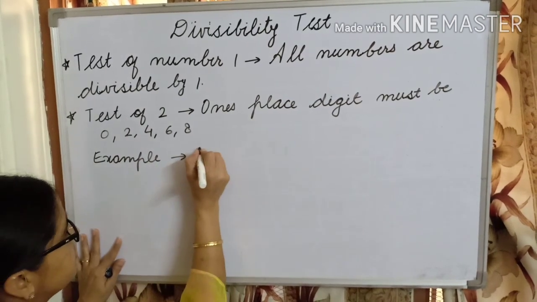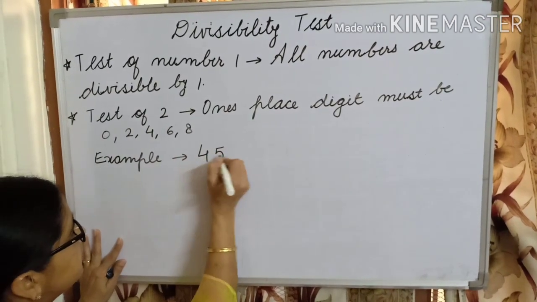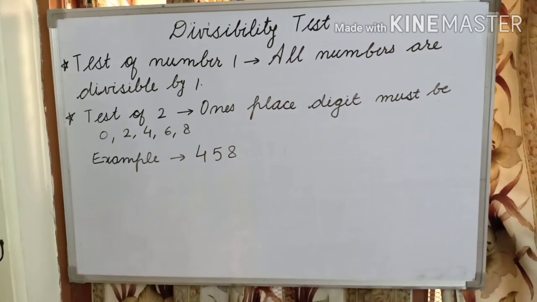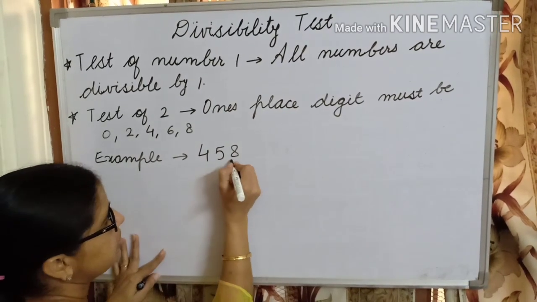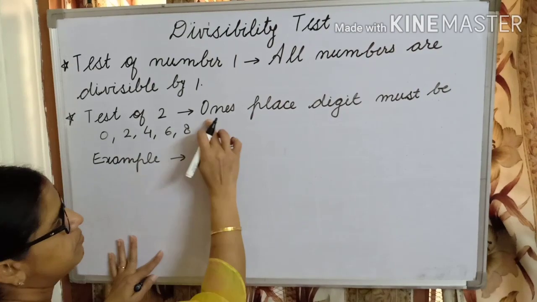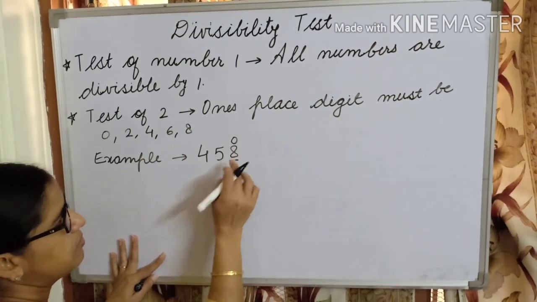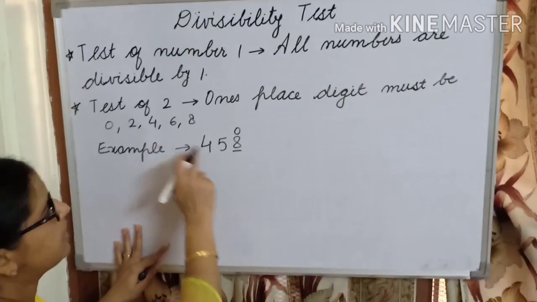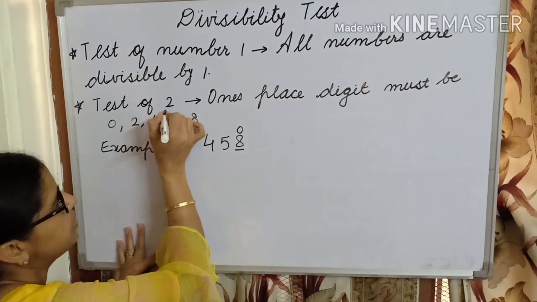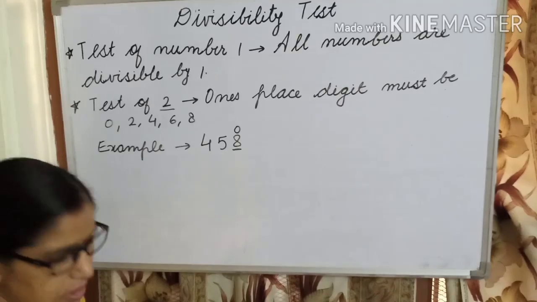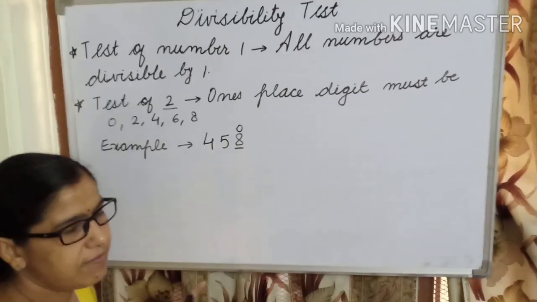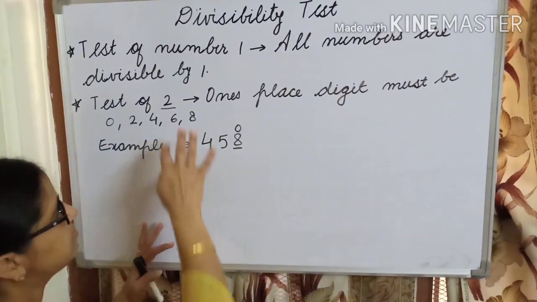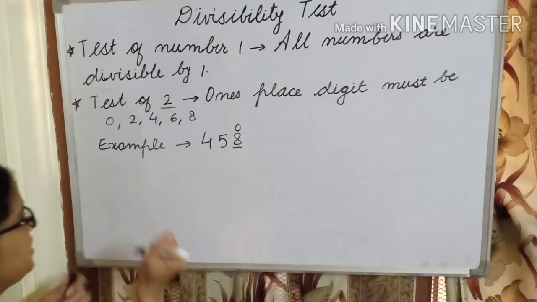Suppose I have written 458. What you can see? This is 8, the ones place digit. Ones place digit is 8. Then this number will be divisible by 2. Because what we are doing? Test of 2 means we are finding the numbers which are divisible by 2. I think you understand.